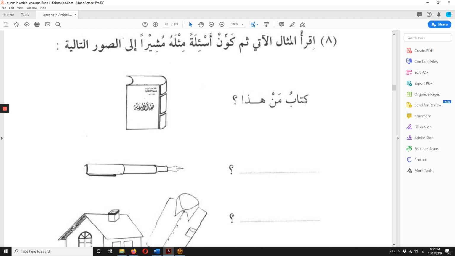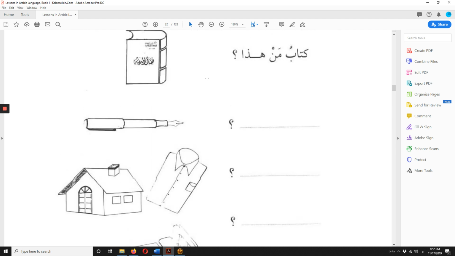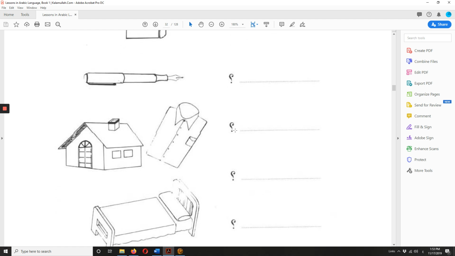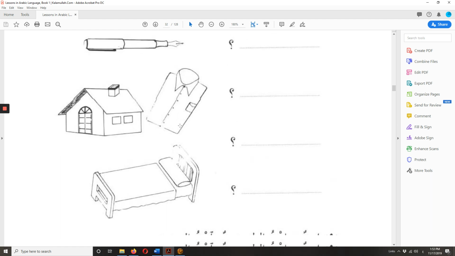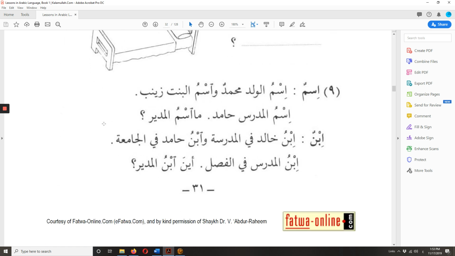So here the example is Kitabu men hada. So then you could say Qalamu men hada, Qamisu men hada, Baytu men hada, Sariru men hada.